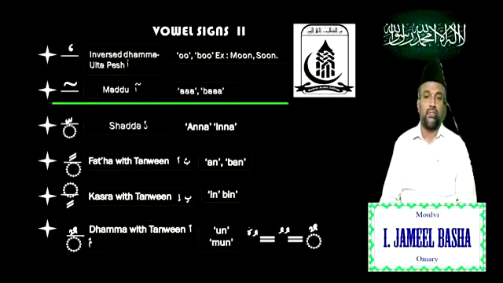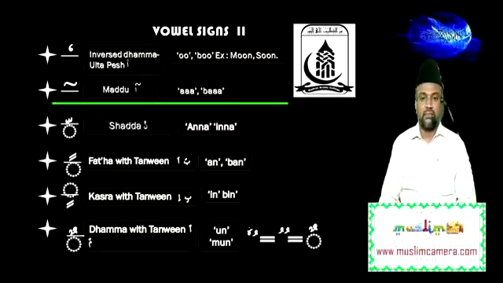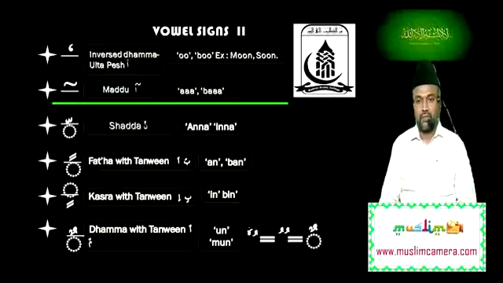It is called mad. Mad means you have to elongate it a little. That is, three times of the vertical alif or vertical kasra or inverted dhamma, you have to read it.